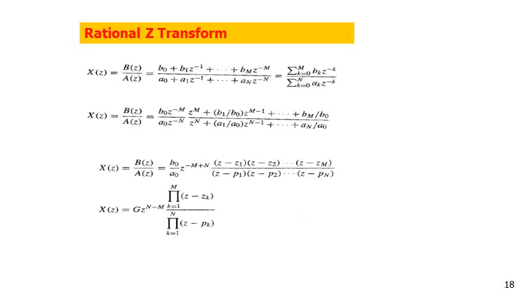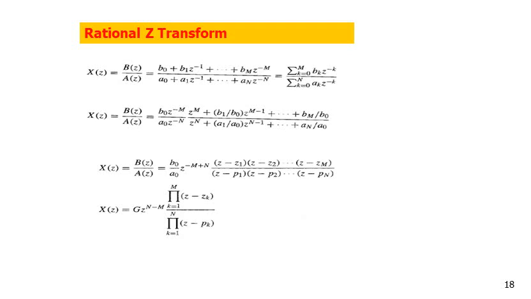And similarly, we are doing the same thing in the denominator also. And in the next expression, we are representing b naught over a naught as a ratio, and z to the power minus m plus n as a single term.